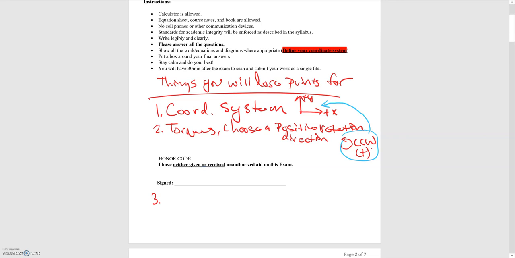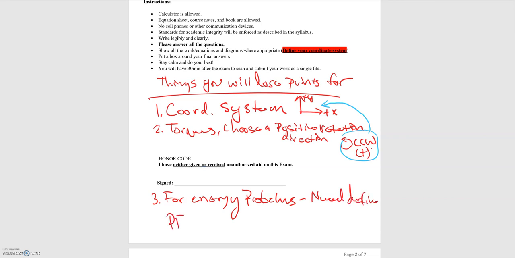And then 3, for energy problems, you need to define where your gravitational potential energy is equal to 0. You can also just choose the H equals 0 line, and that will suffice as well.